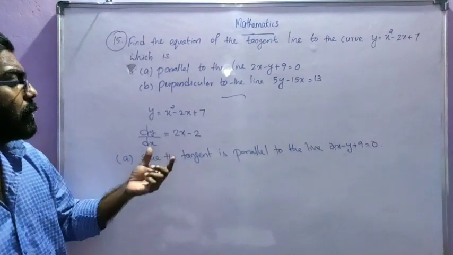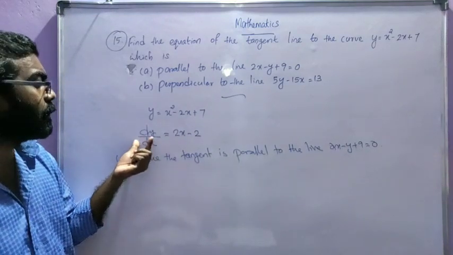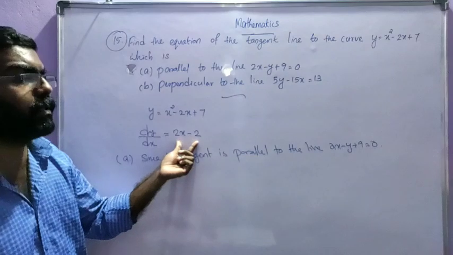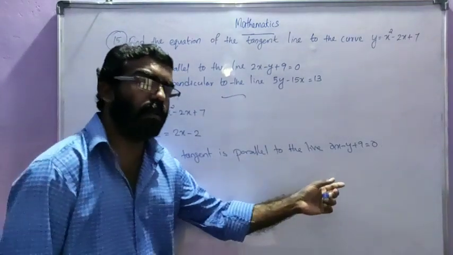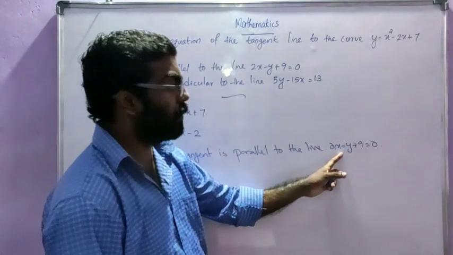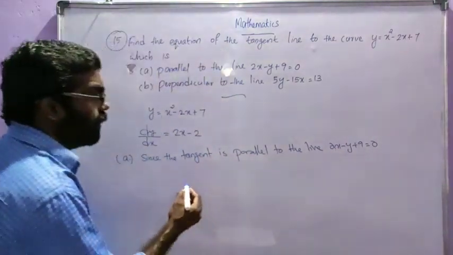That means the slope of the tangent dy by dx is equal to 2x minus 2. That will be equal to what? Slope of this line.